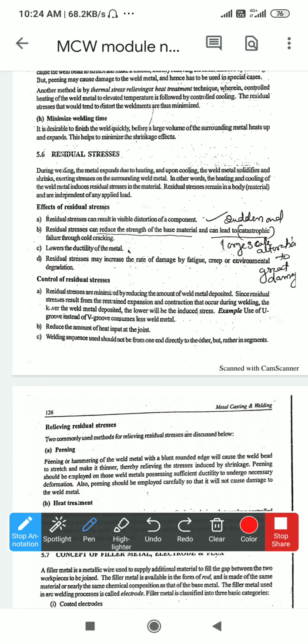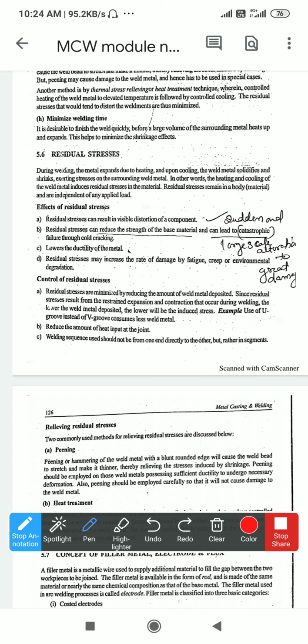Just now I told you that when you make small passes of an electrode, small passes means what? When the welding rod is passed over the workpiece in a shorter period, in less time, obviously the heat will be reduced there.